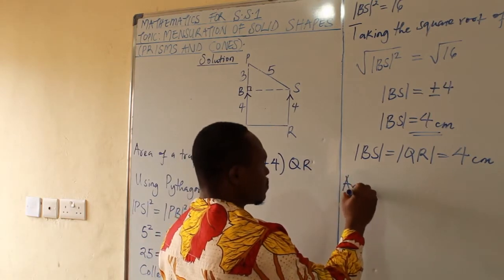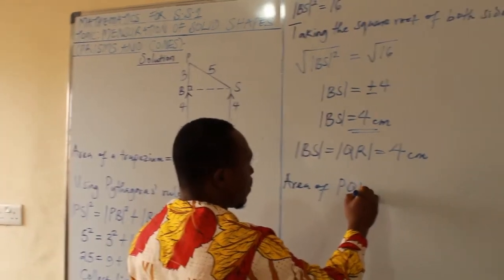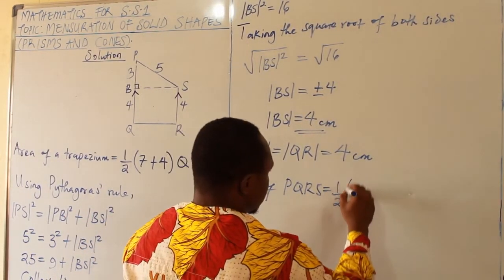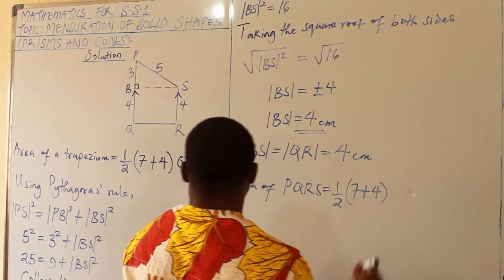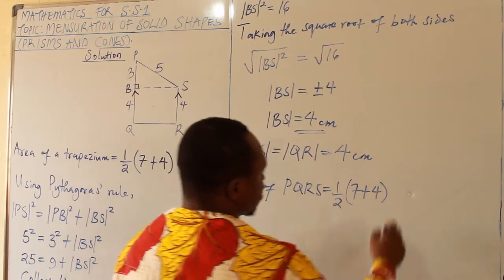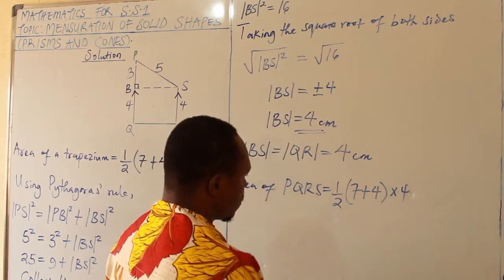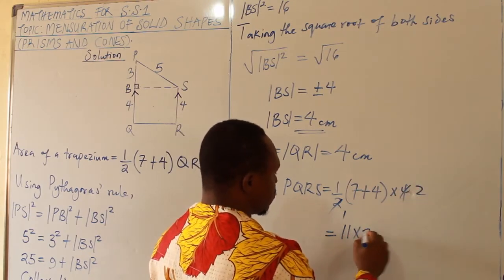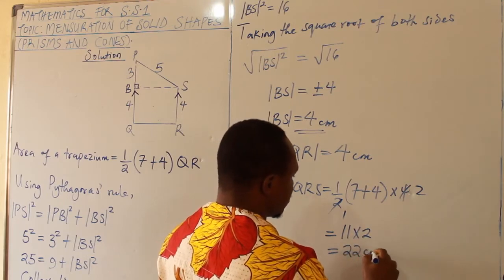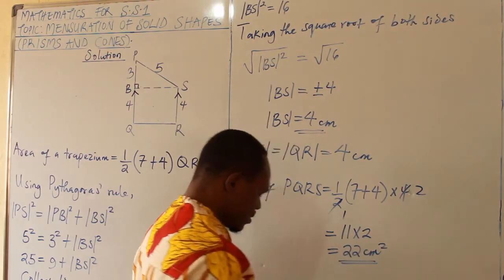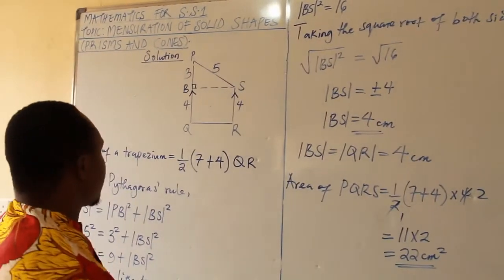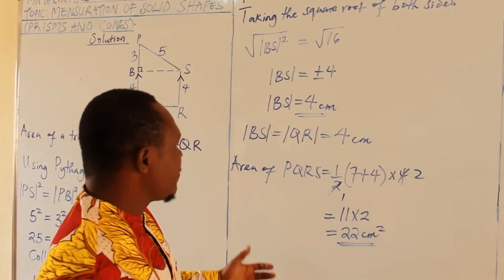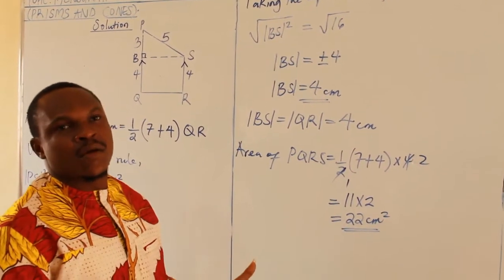So the area of PQRS, according to the formula here, is half the sum of the parallel sides multiplied by QR, which is 4. 2 into 4 twice, we have 11 multiplied by 2, which gives us 22 centimeters squared. That is the area of the trapezium PQRS.